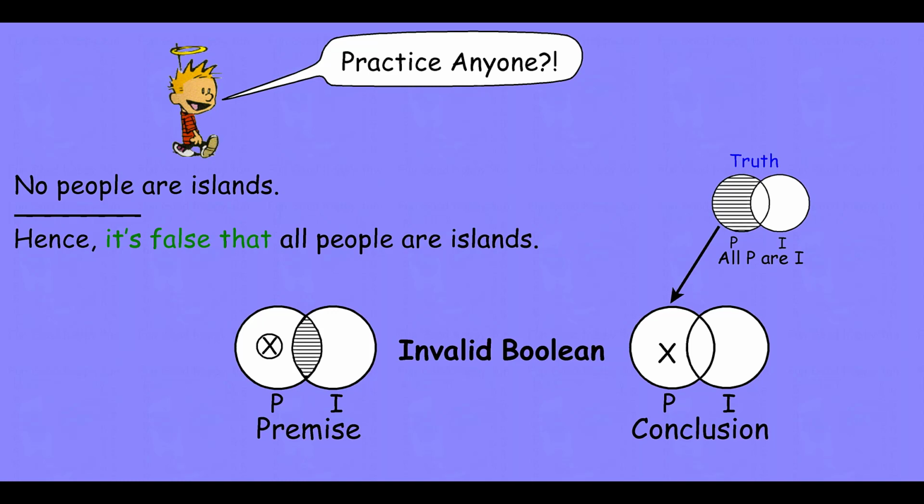Now that I've modified the subject class of my premise diagram, I again do my comparisons. In order for the conclusion to be true, there has to be at least one thing. It is a P, it is not an I. It's in the P circle, it is outside the I circle. Now, under the Aristotelian interpretation, there is at least one thing, that circled X. It's in the P circle, it is outside the I circle, outside of the predicate class, and therefore, making the premise true under the Aristotelian interpretation would guarantee that the conclusion is true.